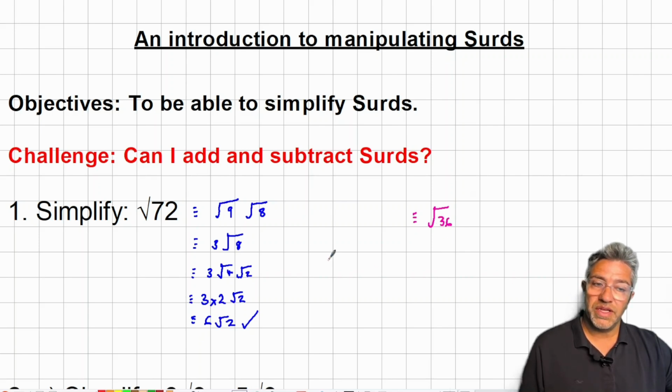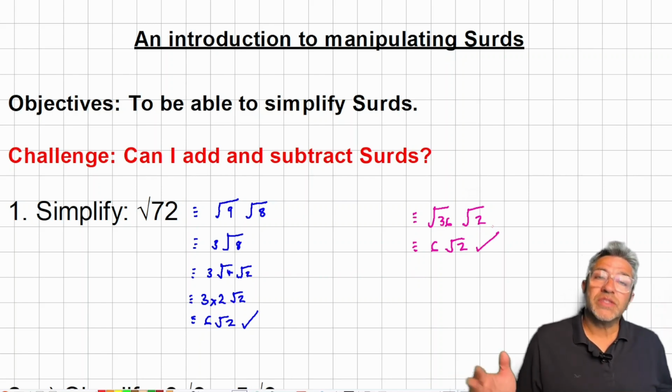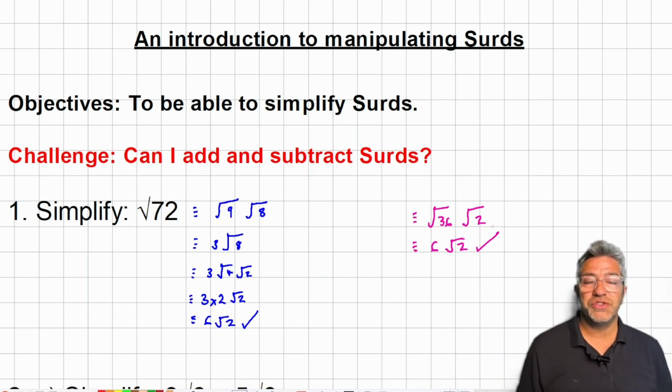What do I multiply 36 by to get to my 72? 2. Straight away you can see our answer would have been 6 root 2. So they're both correct, but I'm trying to encourage you to work in the most efficient way possible, because when you're in an exam, you will be under time constraints, time pressures.